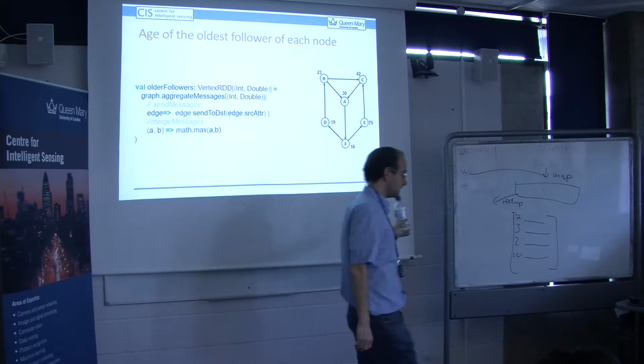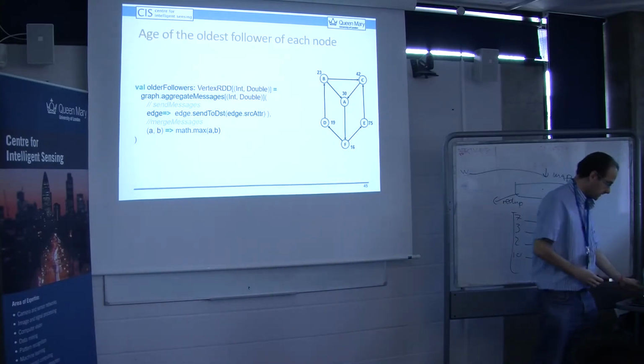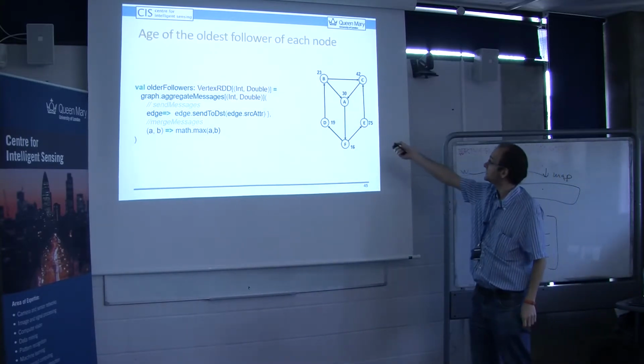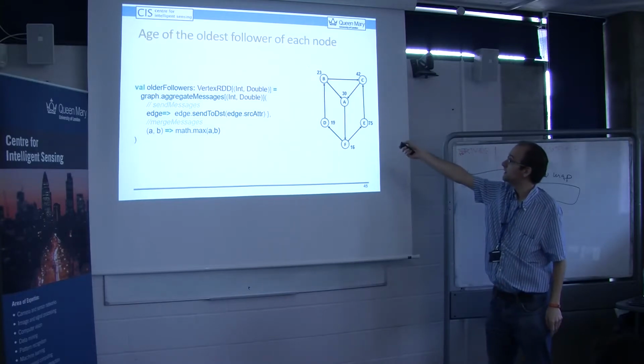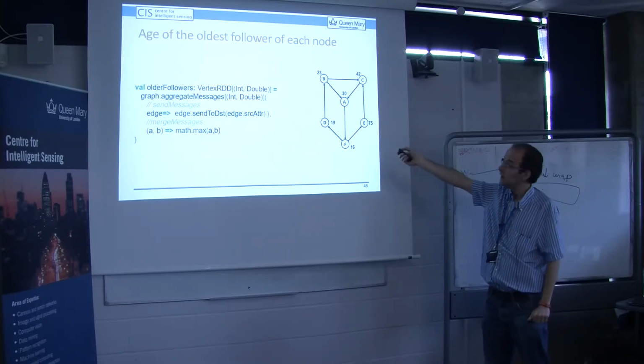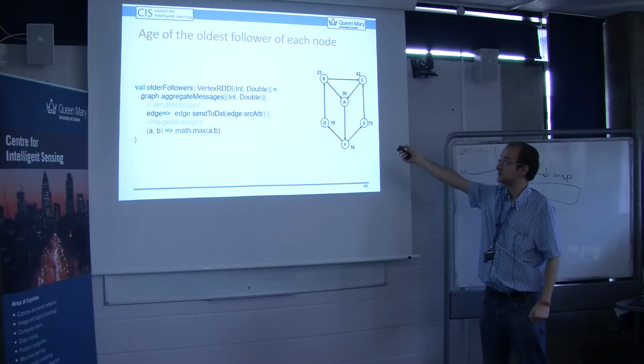What this means is that if I am processing what happens here with this edge from B to A, I am going to be sending a message to the destination.